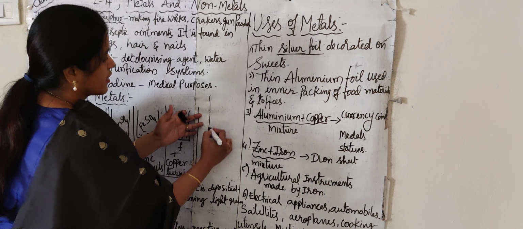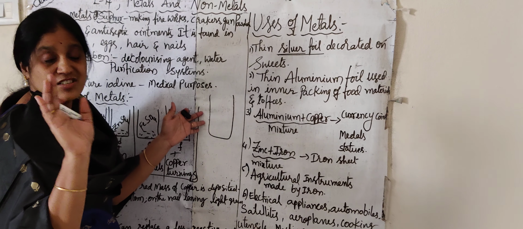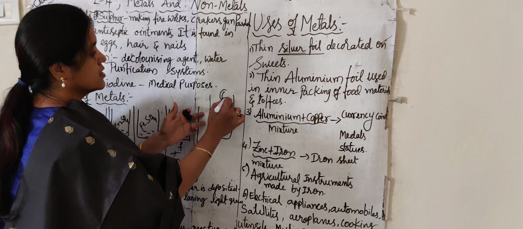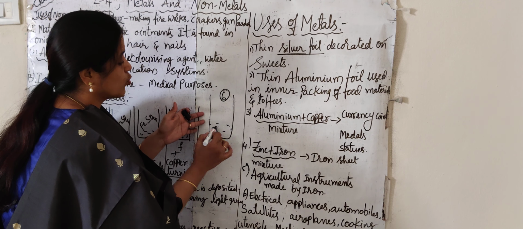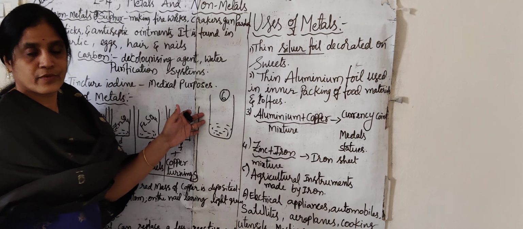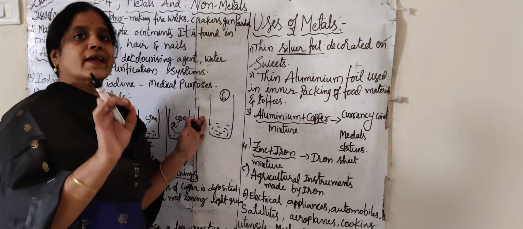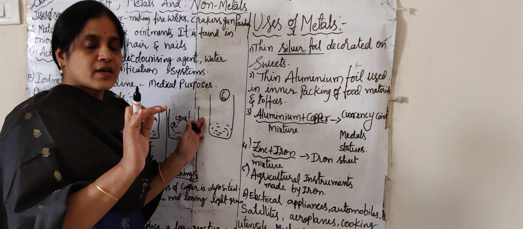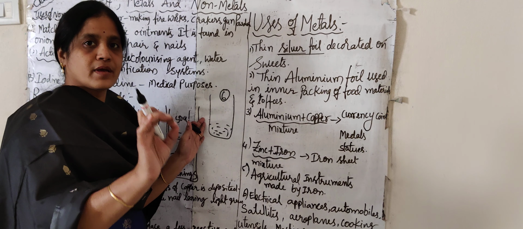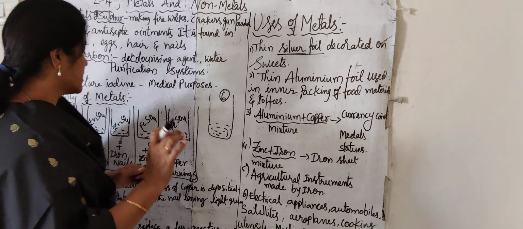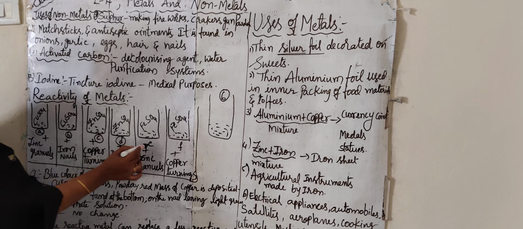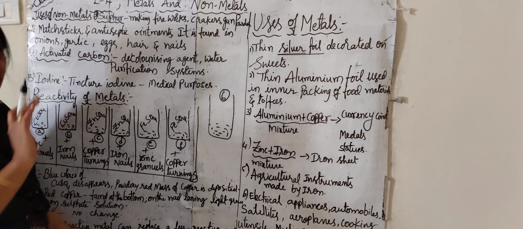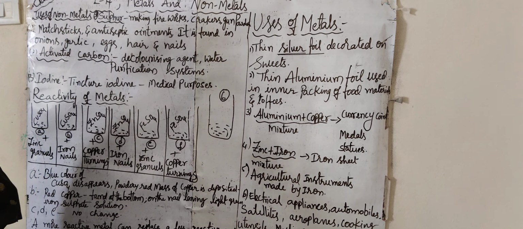In each beaker, you fill some quantity of water, and you name the beakers A, B, C, D, E and F. So name all 6 beakers.